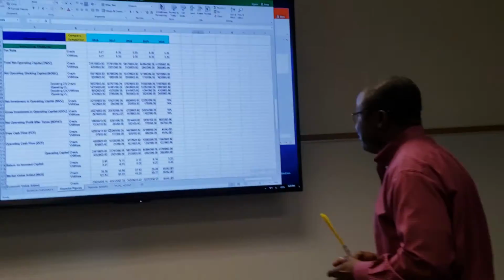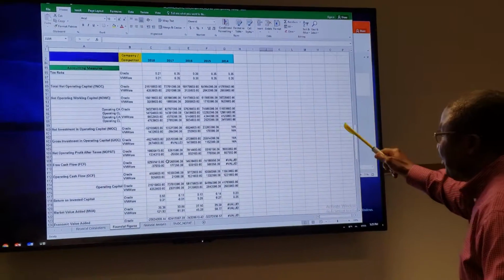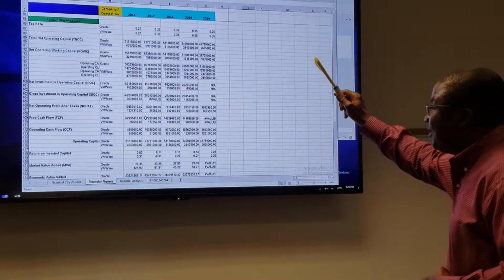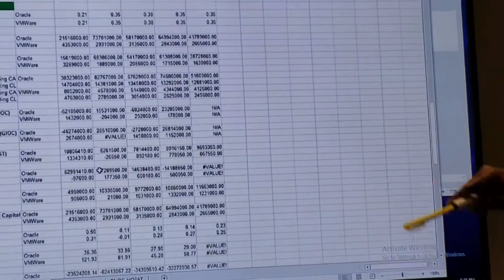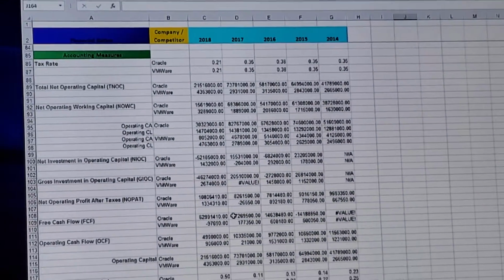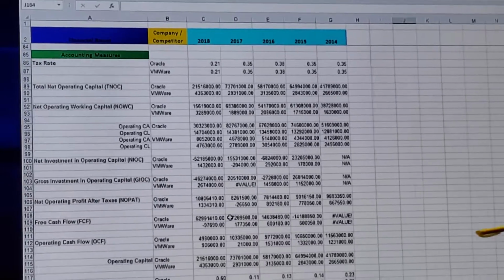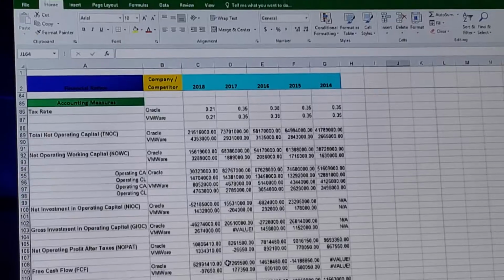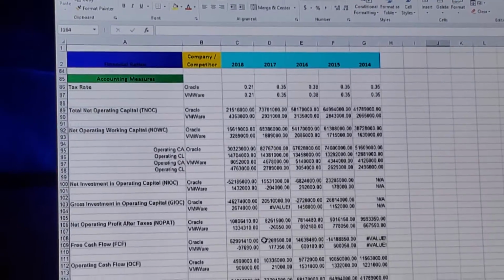I did not have industrial averages to compare with this, but using the tax rate indicated above, you can see the net operating working capital, the net investment in operating capital and the general investment in operating capital.